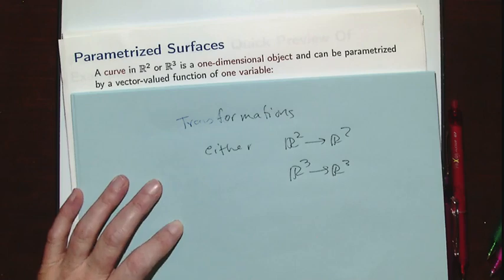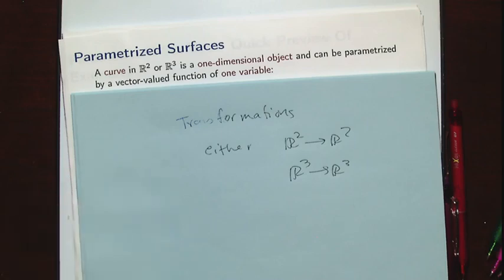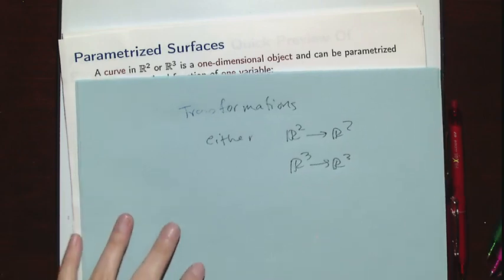Who can tell me with parametrization if that's true or not? What are the parameters' home? Is the parameter home R2 or R3? 2. How about the surface's home, R2 or R3? R3.